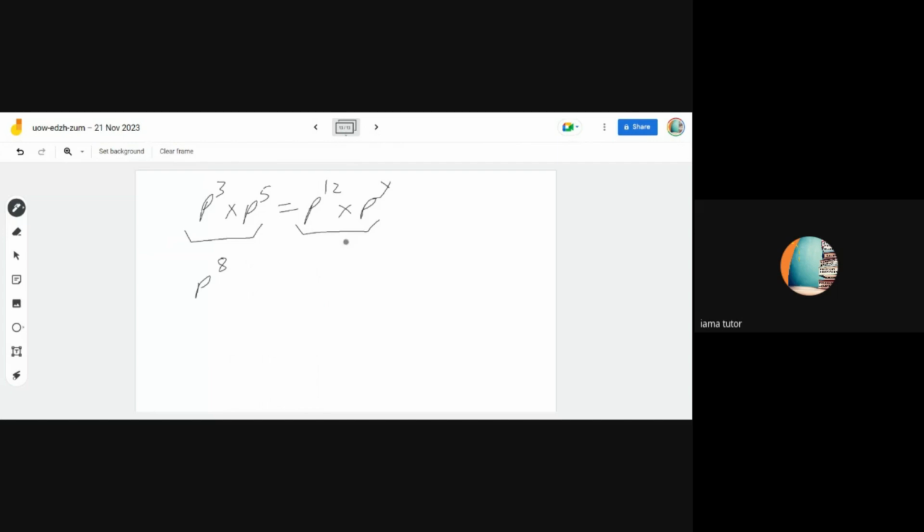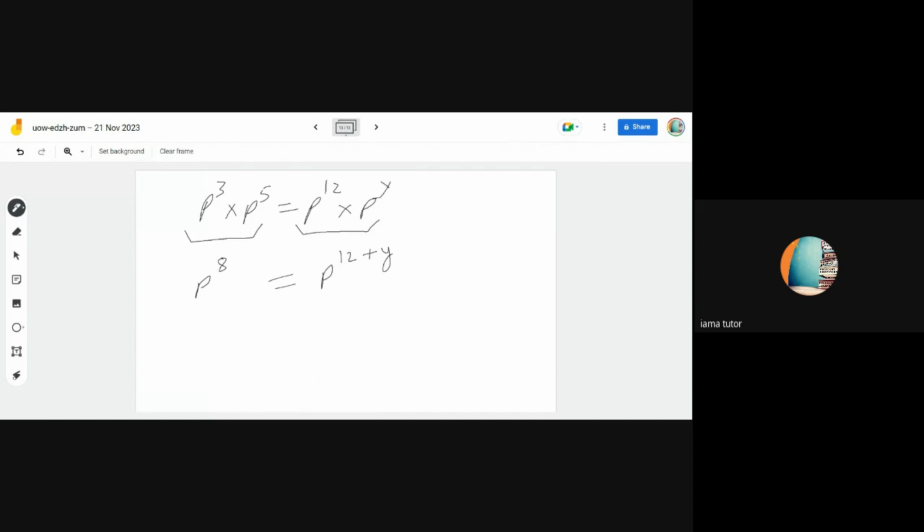Now the next is p power 12 plus y. If you have understood this step, then you can see that p raised to power 8 equals p raised to power 12 plus y.